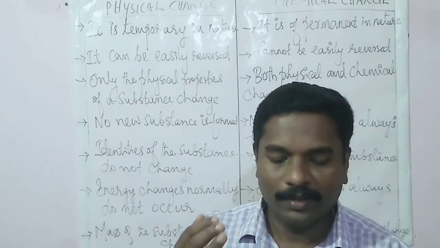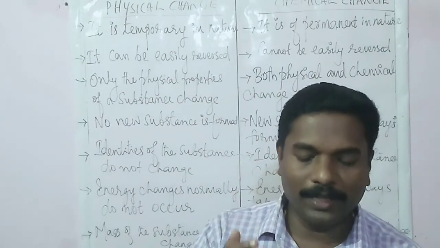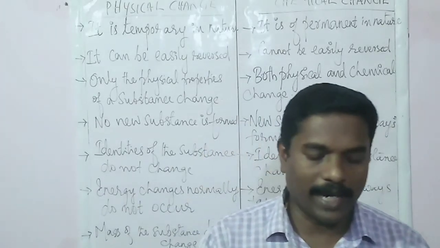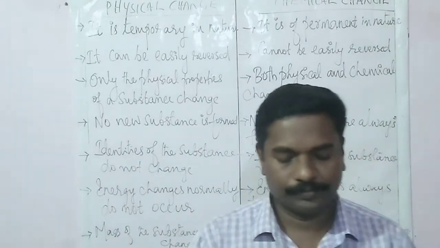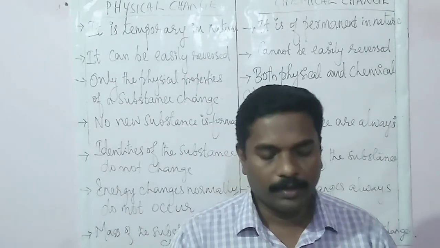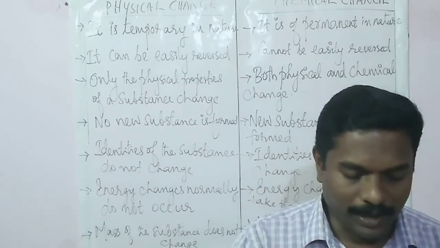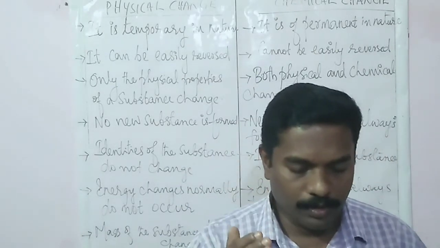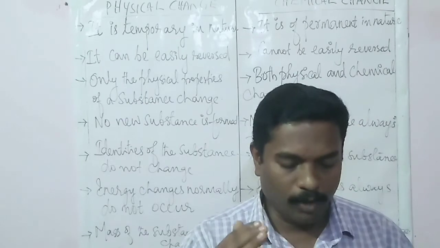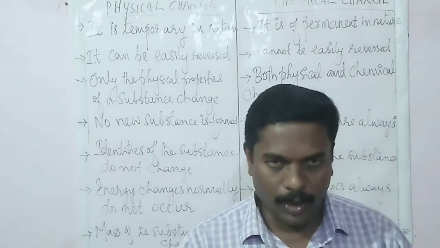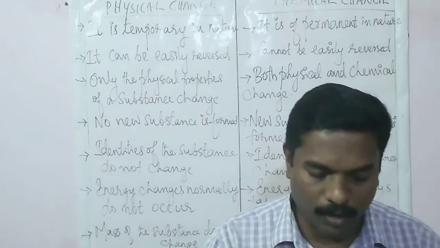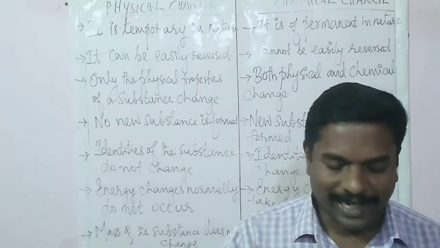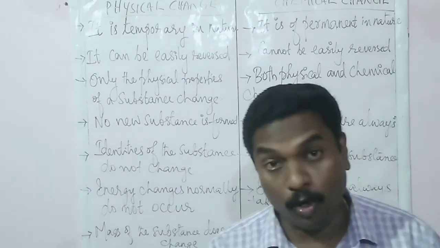So, here let us make a difference between mixtures and compounds. Mixtures means the elements or compounds just mix together to form a mixture and no new compound is formed. Whereas elements react to form new compounds.